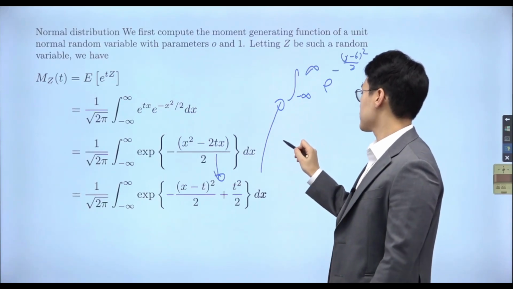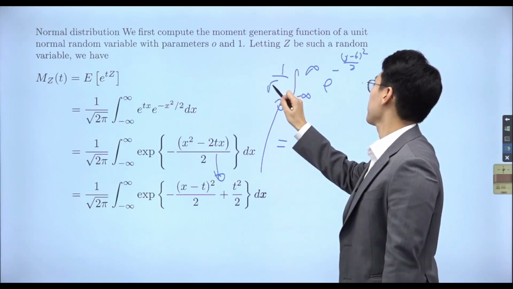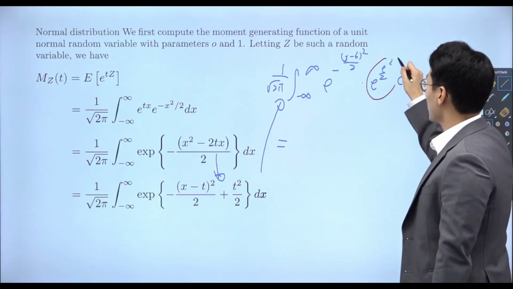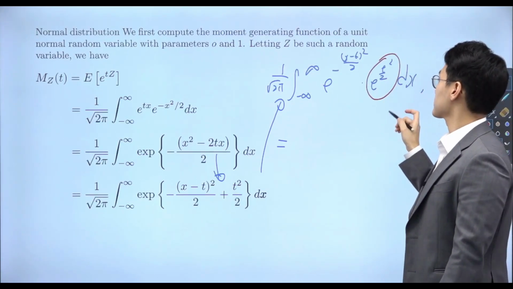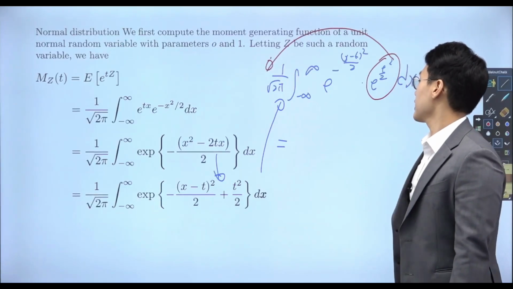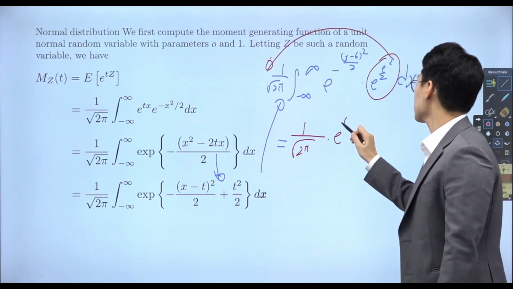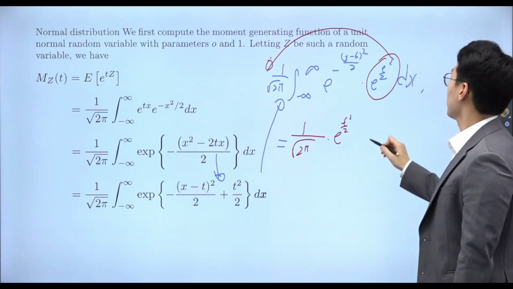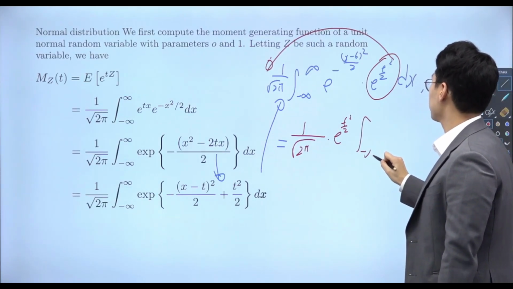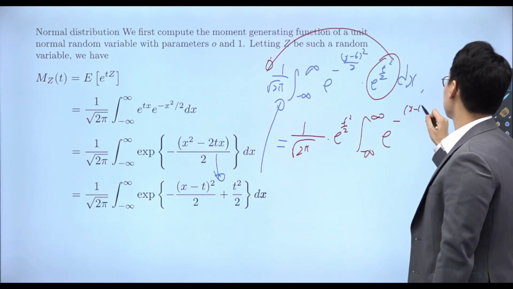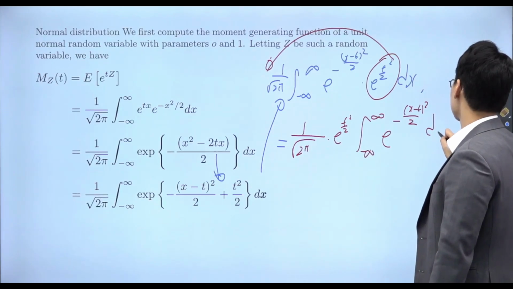But I want you to please remember, 1 over root 2 pi. I want you to realize that e to the power of t squared over 2 is independent of the x. So I can take it outside. So that is great. So I have a 1 over root 2 pi e to the power of t squared over 2, right? And then I get the integral from negative infinity to infinity, e to the power of negative x minus t squared over 2 dx.